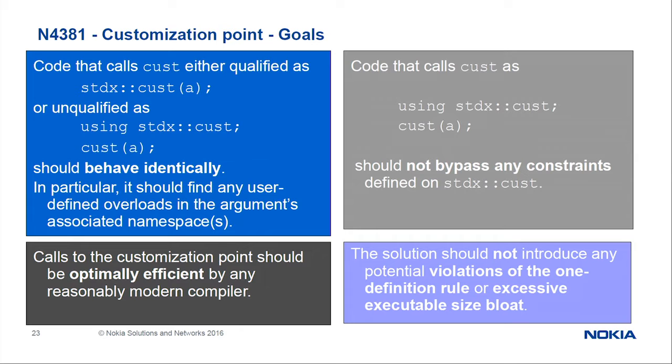If we use it by introducing the function, it works also. And they should behave identically. That means that whenever we use one or the other, if we have customized the customization point, it will be called. There is no shortcut.